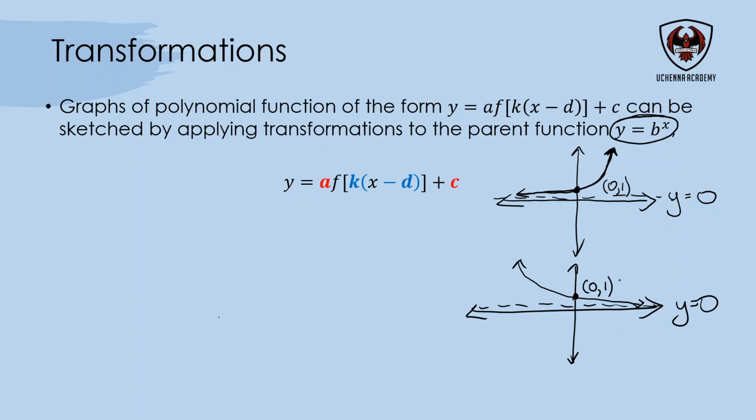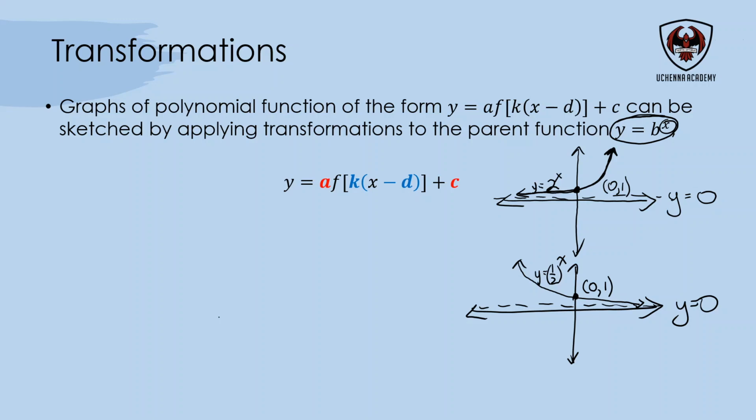But the base here is a number smaller than 1, so let's say it's 1/2 to the exponent x, and over here on the top, it's something bigger than 1, so it could be something like 2 to the exponent x. The x must be in the exponent. That's what makes these functions exponential. x has to be in the exponent.